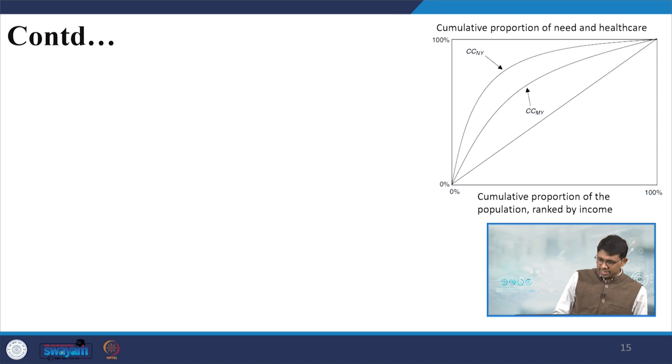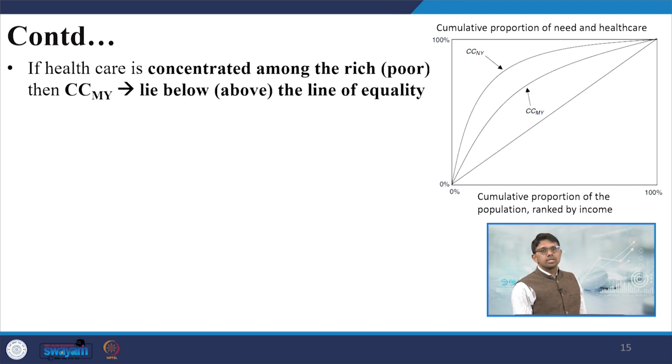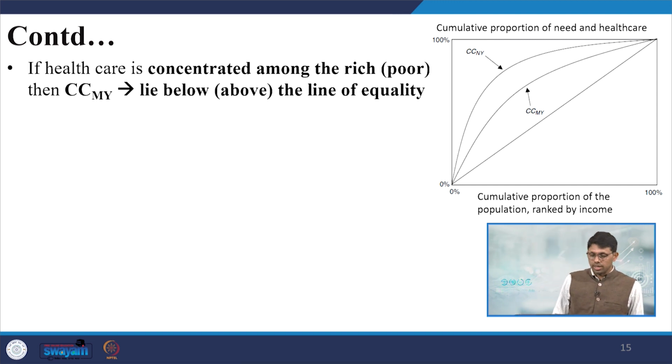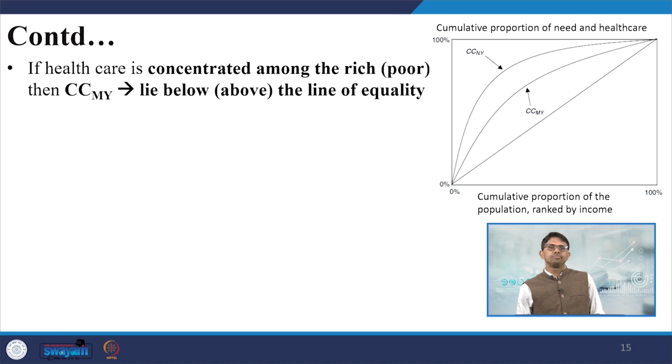That means horizontal equity is maintained. If healthcare is concentrated among the rich or the poor, then it will deviate from the line of equality. If it is biased towards the rich, then that line will be above the line of equality.